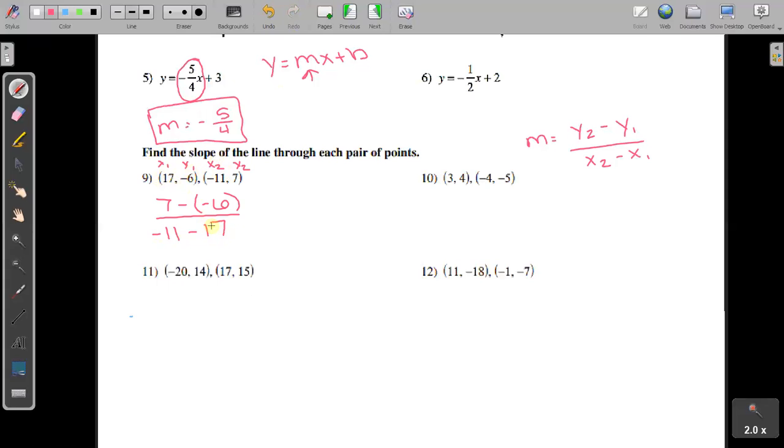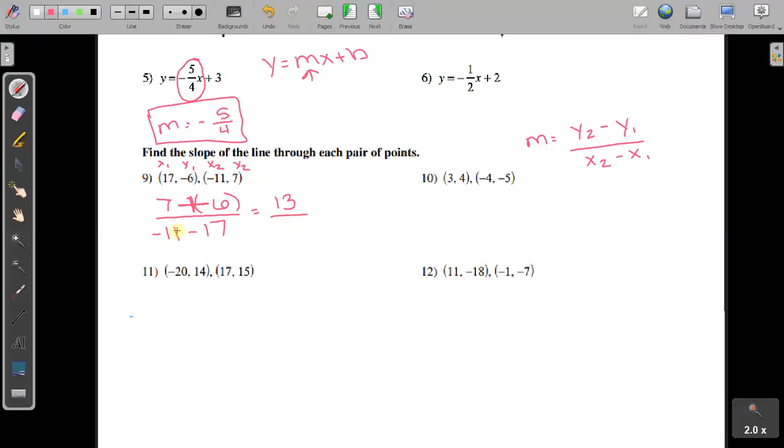And now we simplify. We simplify with 7 minus negative 6. Minus a negative makes a positive here. So we're going to add these two. 7 plus 6 gives us 13.